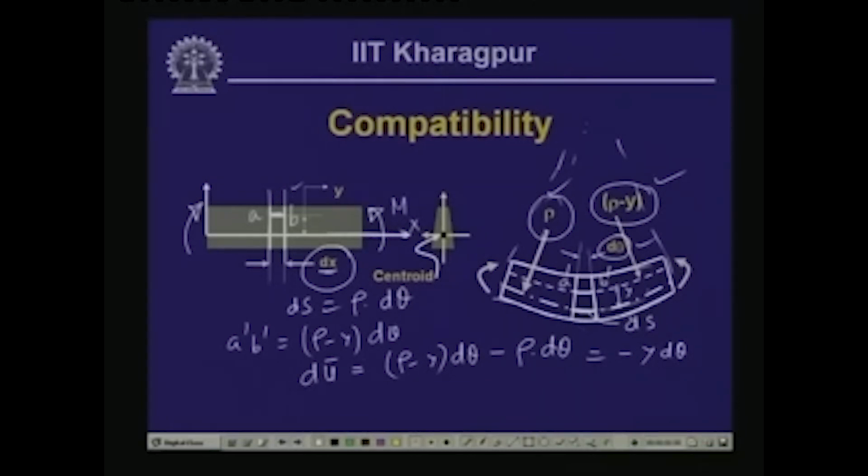Now, if we divide this by original length, so du bar over ds is equal to minus y d theta over ds, and ds as you know is rho d theta. So, this is nothing but equal to minus y by rho. Now, du bar is the stretching in the curved direction.